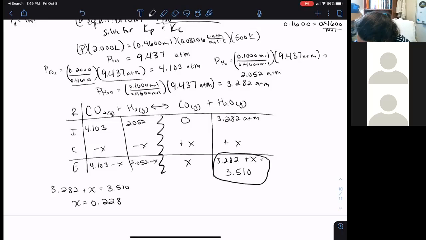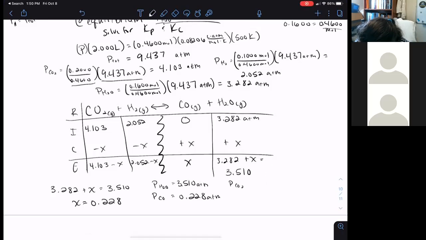So now we can get all of our partial pressures. So our partial pressure of H2O we already have. It's 3.510 atmospheres. Our partial pressure of CO is just X, so it's 0.228 atmospheres. Our partial pressure for CO2 is going to be 4.103 minus X, which is 0.228, giving us 3.875 atmospheres.